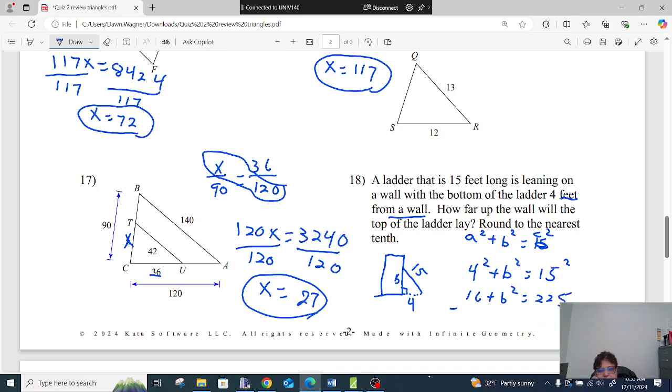You subtract 16. B squared is equal to 209. And then you have to take the square root of 209. What's the square root of 209? 14.4 or 5? 14.5. And that would be feet.